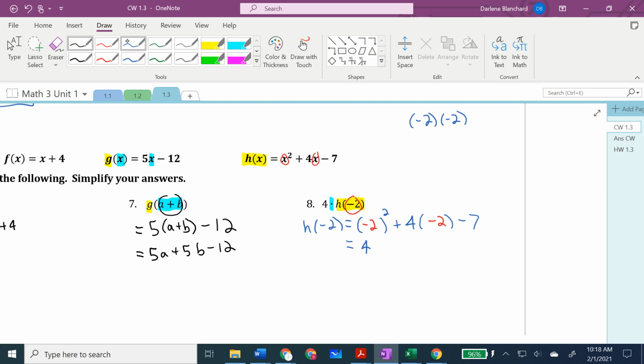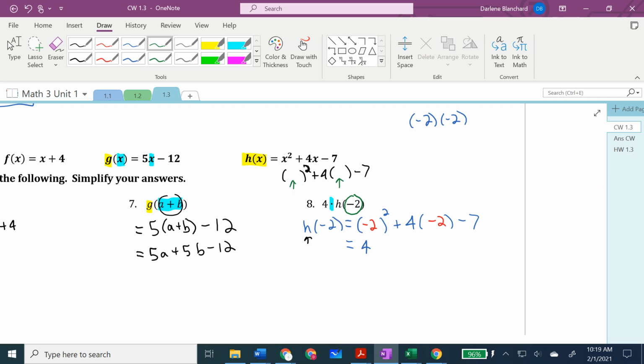So what you're doing is you are looking at the expression for h, which says x squared plus 4 times x minus 7. The easiest way to work with this, at least I have found the easiest way, is where you see an x, put a parentheses, then whatever it says in the parentheses here is going to go into each of those parentheses.